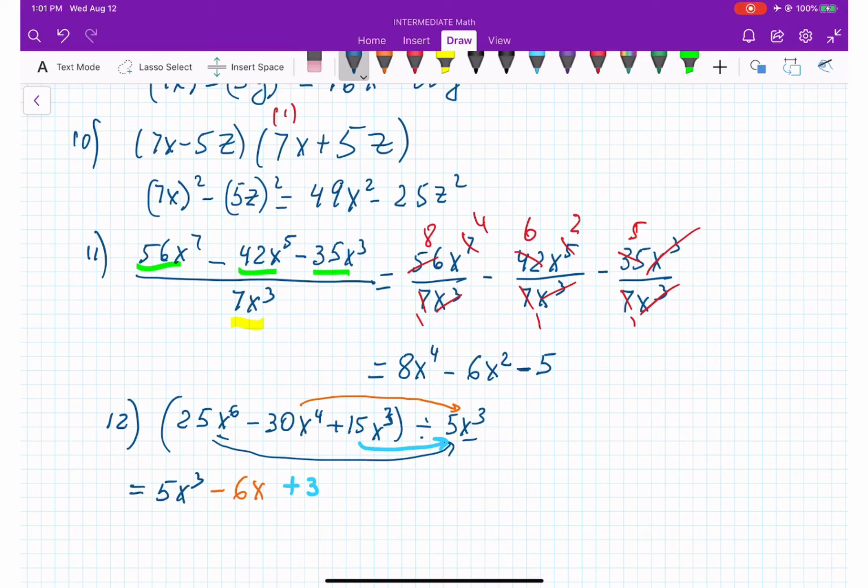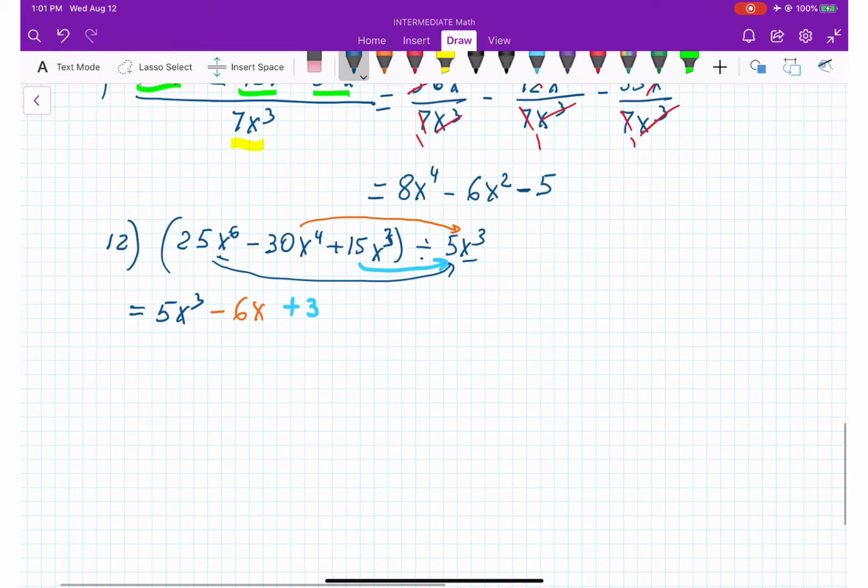Okay. Moving to question number 13. So what do we have here? We need to do division. 3x cubed, we need to do long division.